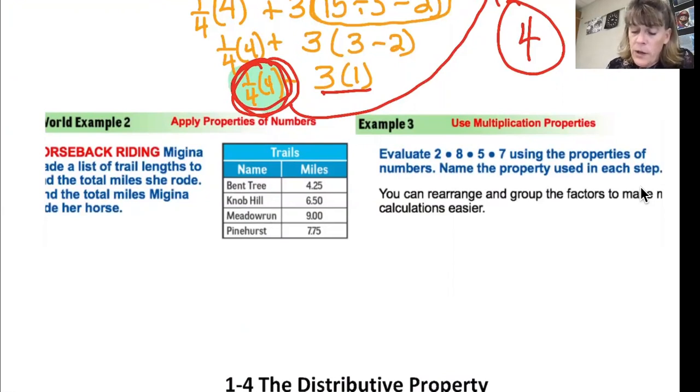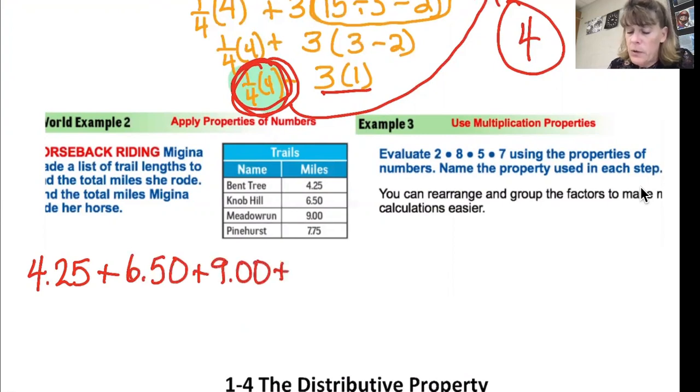The Bent Knee Trail was 4.25 miles. Then she rode Knob Hill, which was 6.50 miles. Then Meadow Run, which is 9.00 miles. And then the Trail Pinehurst, which was 7.75 miles.